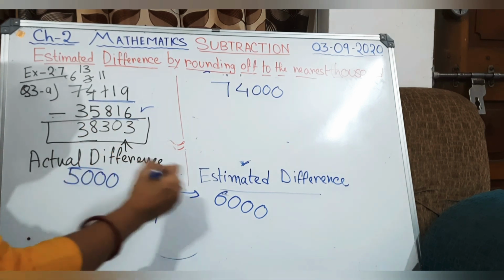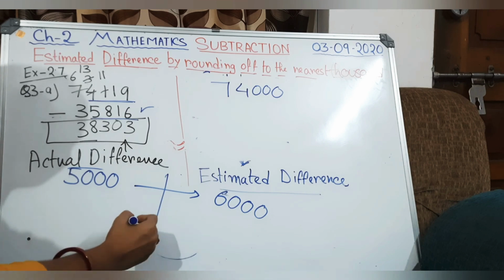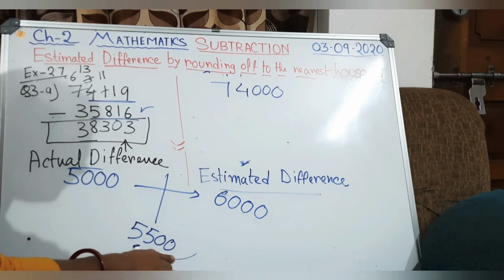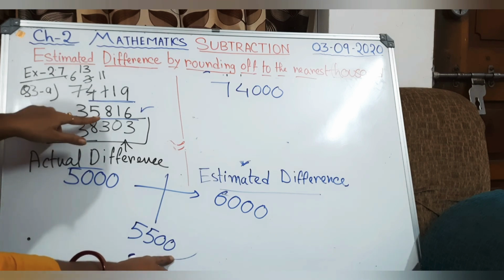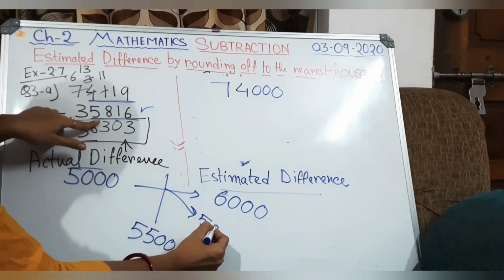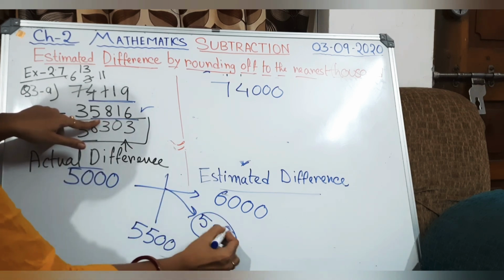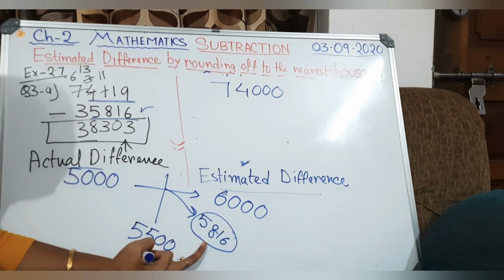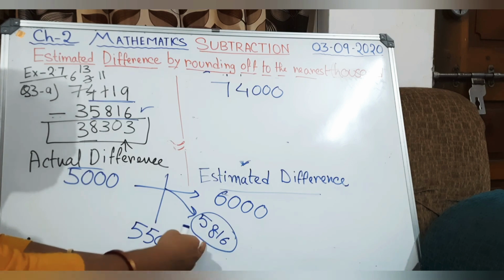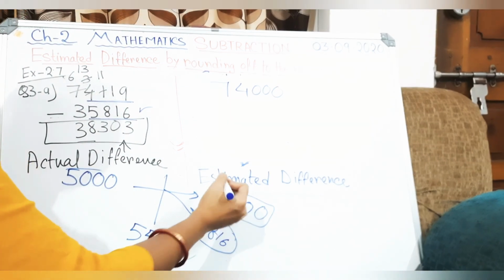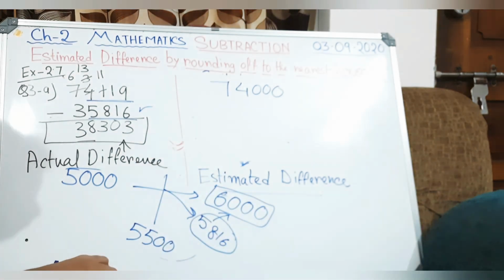So in between 5,000 and 6,000 what will come? 5,500. And my given number is more than this one. So this number will be placed here. Whenever I round this number to its nearest 1000, it will be rounded off as 6,000.